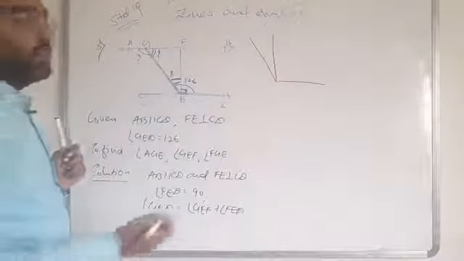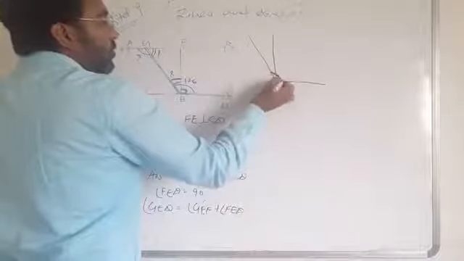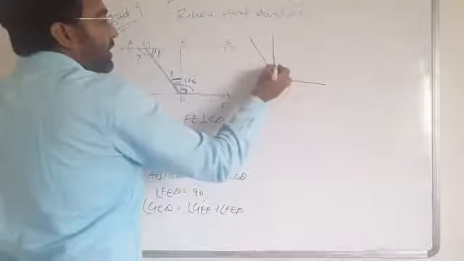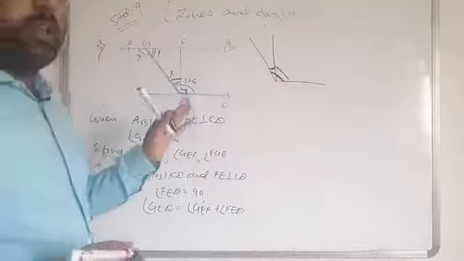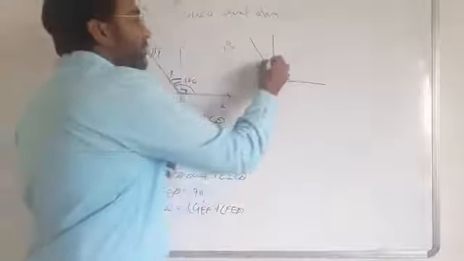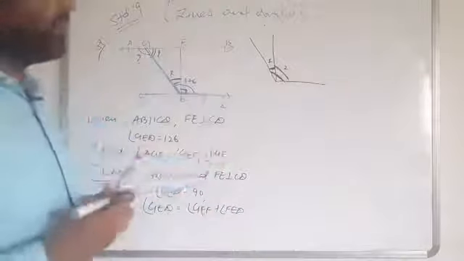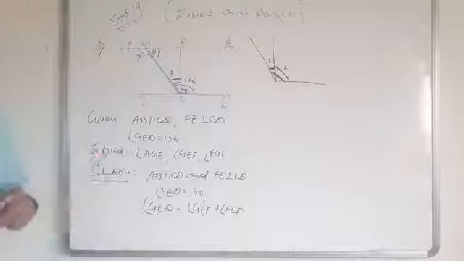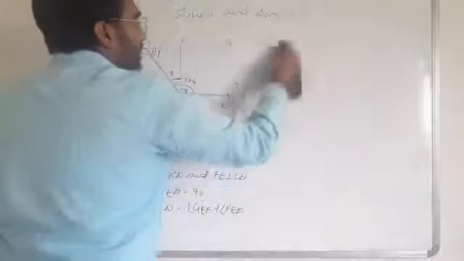This whole angle is divided into two parts, one is this part and the second one is this part. Clear? Now we have to move on to the calculation part.